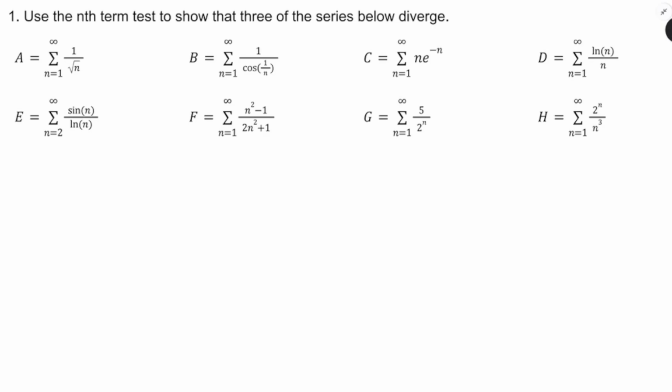I'm going to go through and identify those real quick, but I'm also going to explain why the other five don't definitely diverge, because their terms are going to zero.